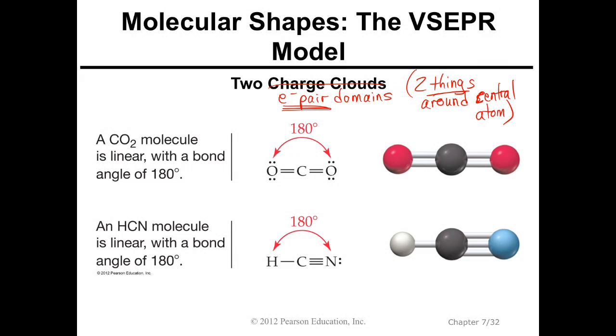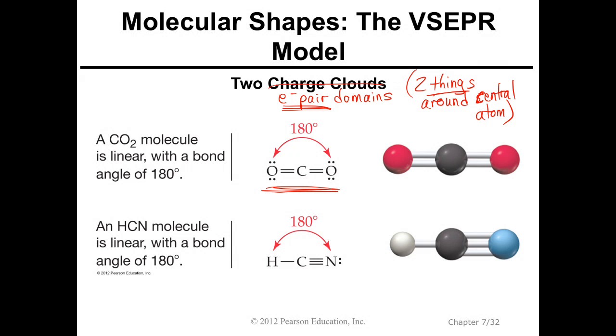For CO2, if you were to figure out its Lewis structure, you've got 16 total electrons, and you place electrons around it and get a structure like this. So that would be your Lewis structure.